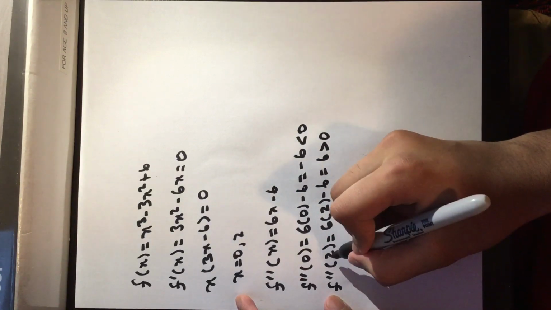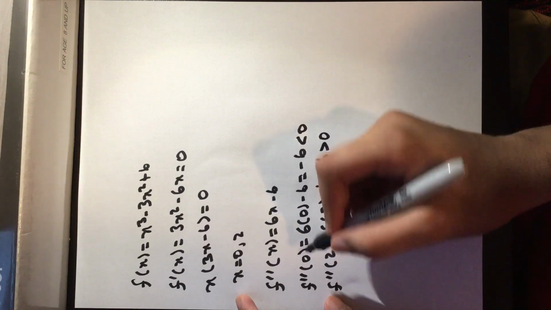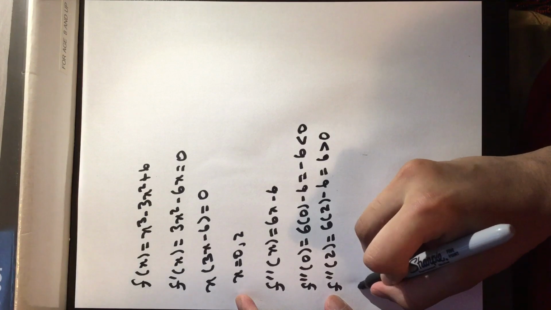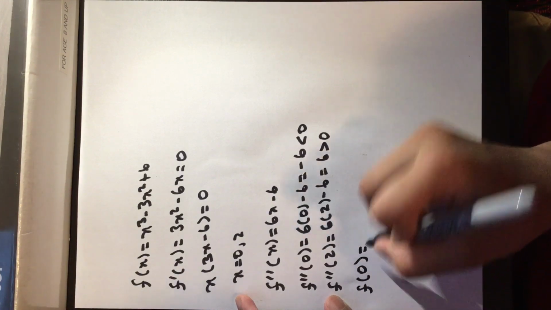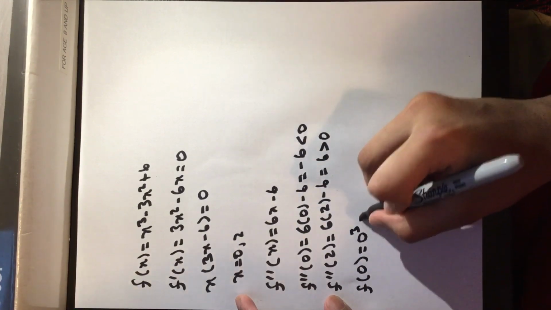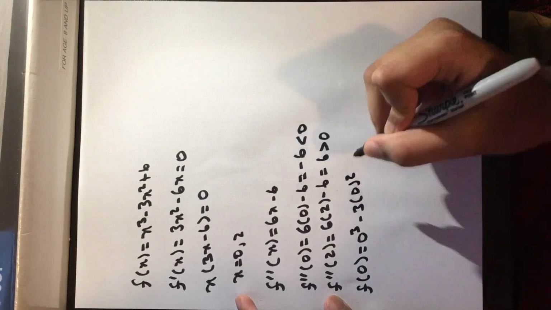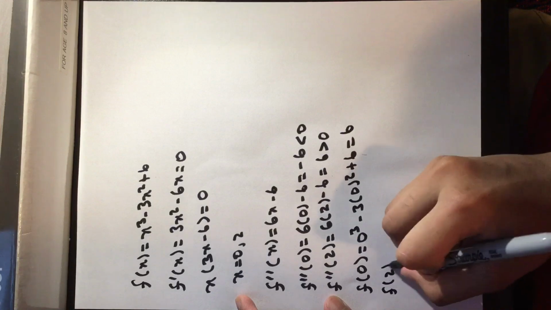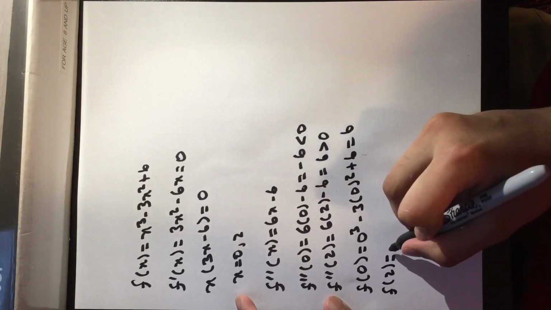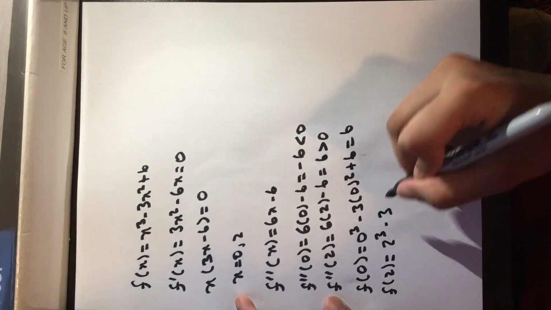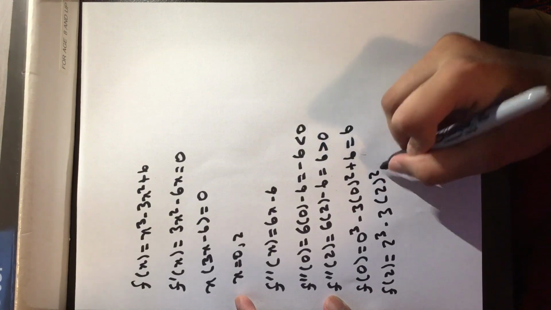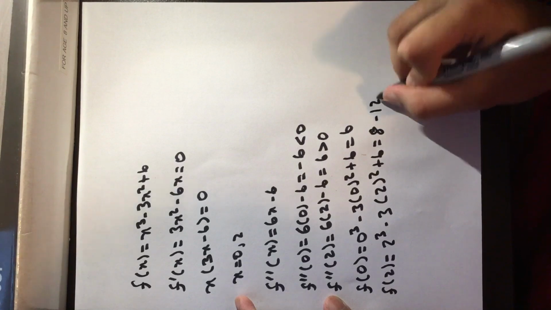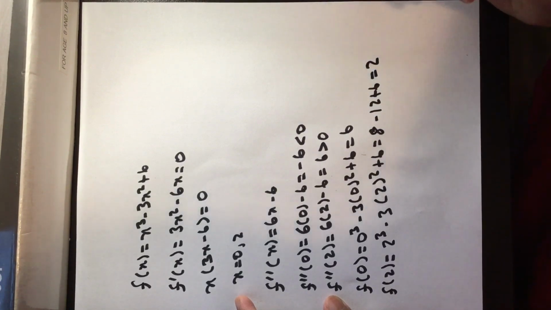So now we evaluate f(x) for 0 and 2 to find the y-coordinate. f of 0 is equal to 0 cubed minus 3 times 0 squared plus 6, which is equal to 6. And f of 2 is equal to 2 cubed minus 3 times 2 squared plus 6, which is equal to 8 minus 12 plus 6, which is equal to 2.